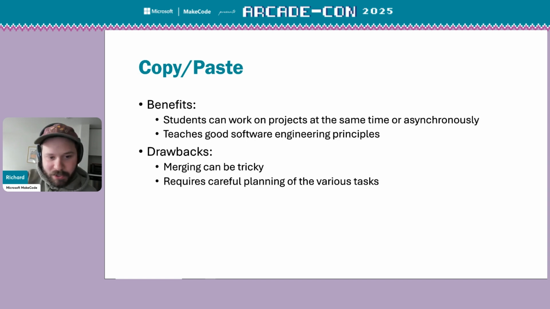There are some gotchas, which I'll get to in a second, for warnings you should give to students so that they don't end up making projects that are difficult to merge afterwards. Finally, it does require careful planning of the various tasks, but that can be done by the teacher or whoever is assigning a project, or it can be a really good experience for the kids to get together and decide at the beginning how they need to chunk up the project.